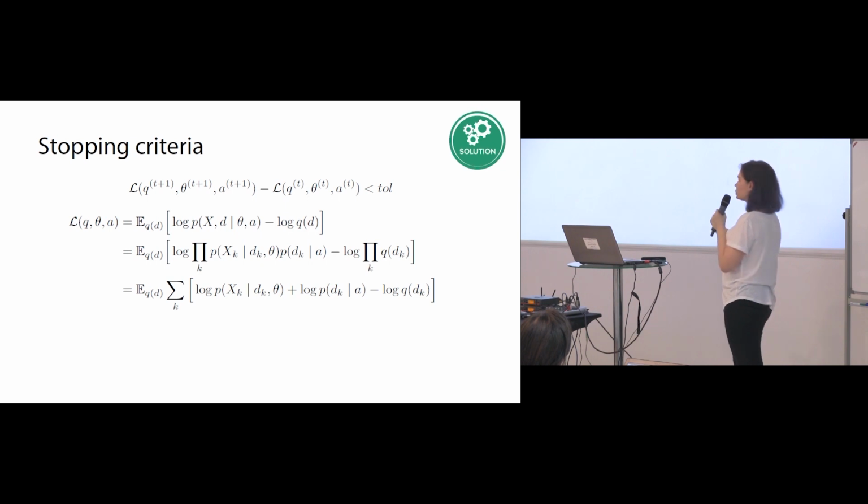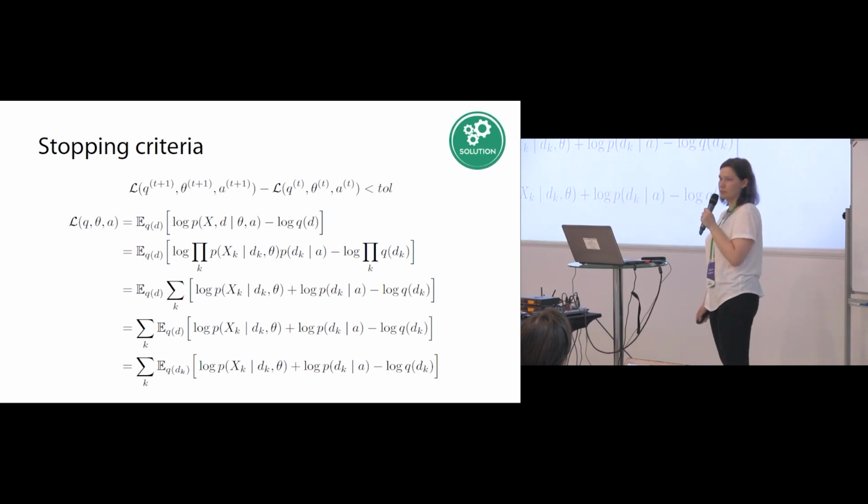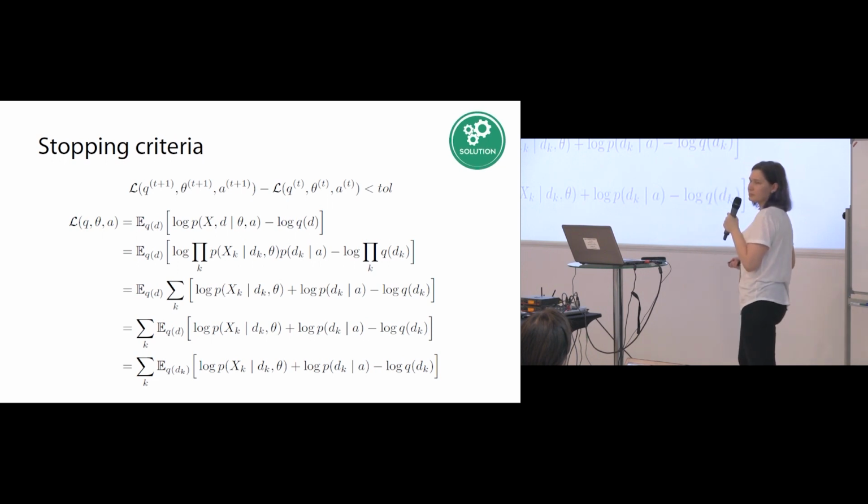Then we use the rule that the logarithm of a product is a sum of logarithms. We exchange expectation with sum, and then we have expectation with respect to q of dk, since this term for k depends only on one image. These are all the same tricks. But earlier in the M-step, we had only this part, the log likelihood. And now we have the second term too.